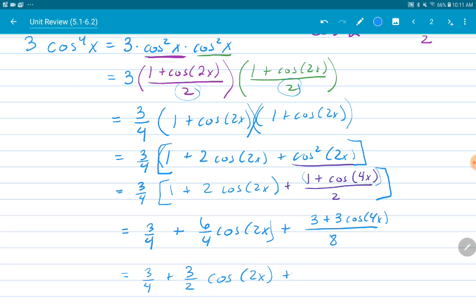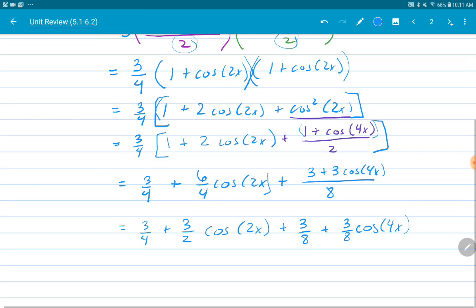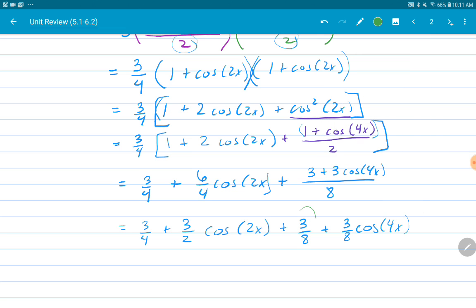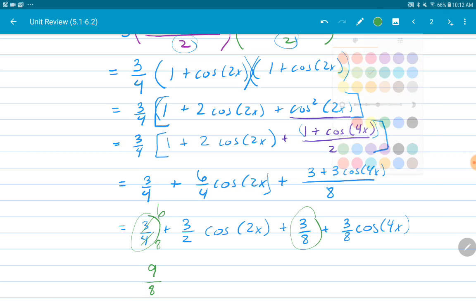And this is going to be 3/8 plus 3/8 cosine of 4x, just decomposing that fraction so I can combine the like terms here. So now I have like terms here and here that I can combine. So I'll make this a 6/8 so that I can combine it. And then I get 6 plus 3 gives me 9/8 in front.